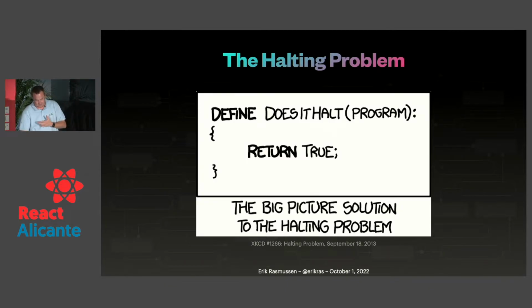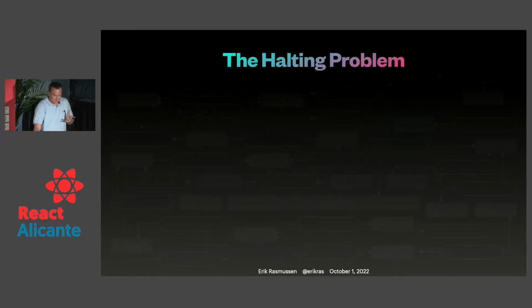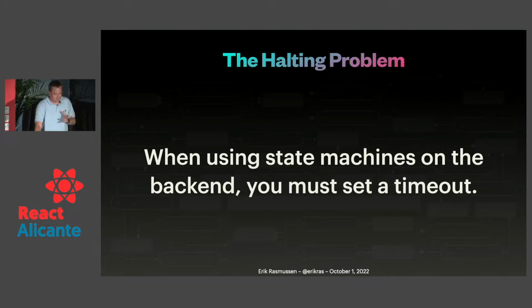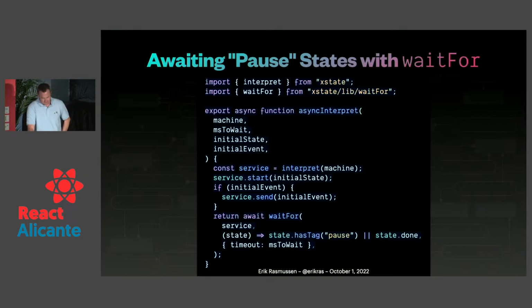So, as a result of this, if you're thinking about state machines on the back end, you can never be sure that you're going to get to a pause state. So when you're implementing state machines on the back end, you absolutely must set some sort of a timeout. So if it takes too long to finish whatever it's doing, then you need to time out and come back to the user.